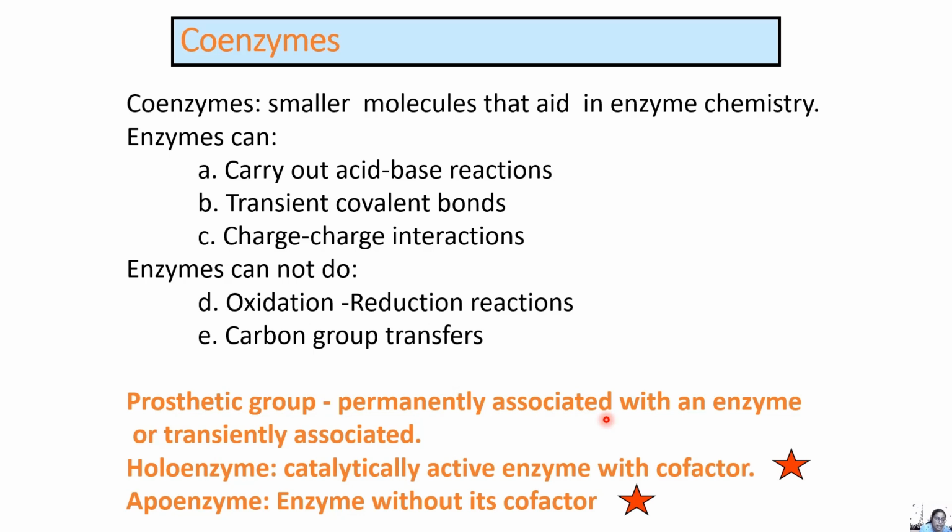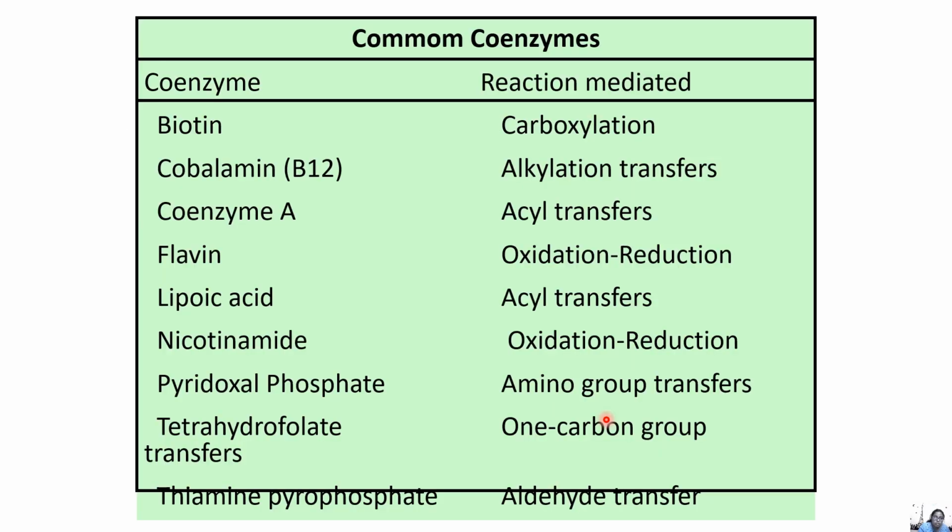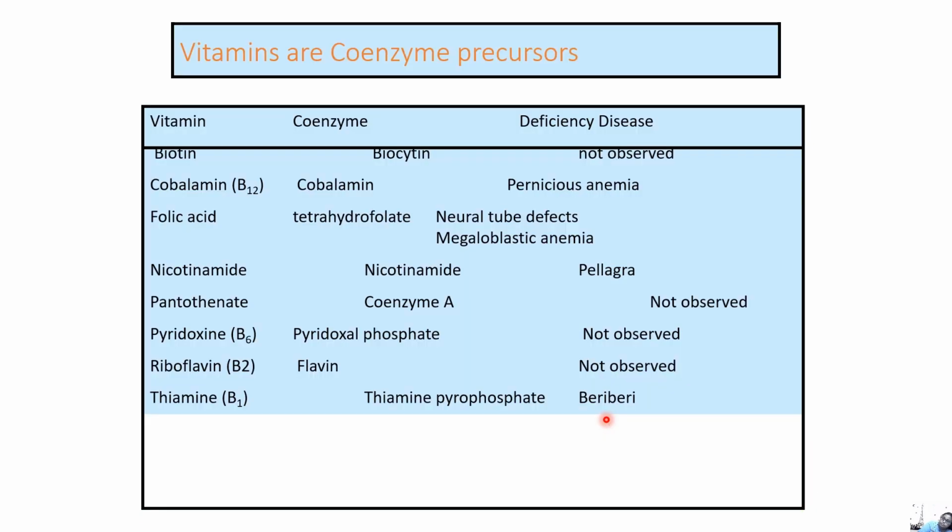A holoenzyme is the catalytically active enzyme with its cofactor, and an apoenzyme is the enzyme without its cofactor. These are common coenzymes and the reactions that they mediate. Vitamins are useful coenzyme precursors.